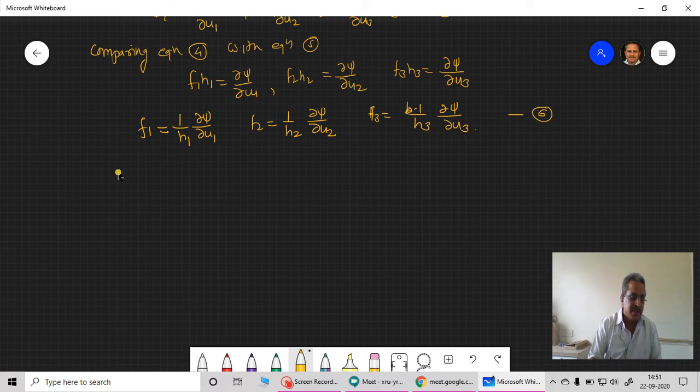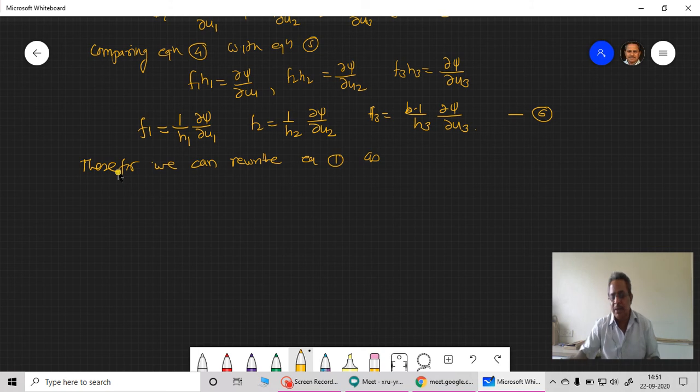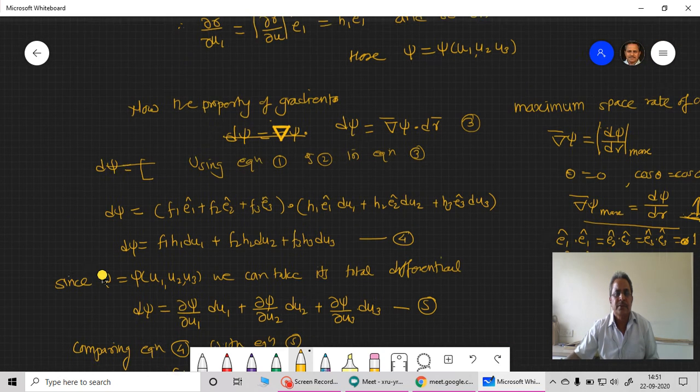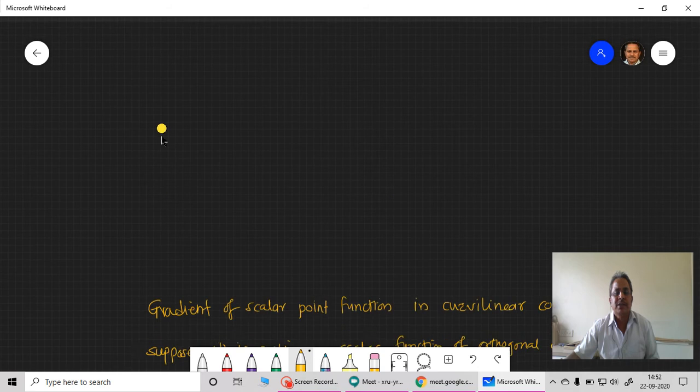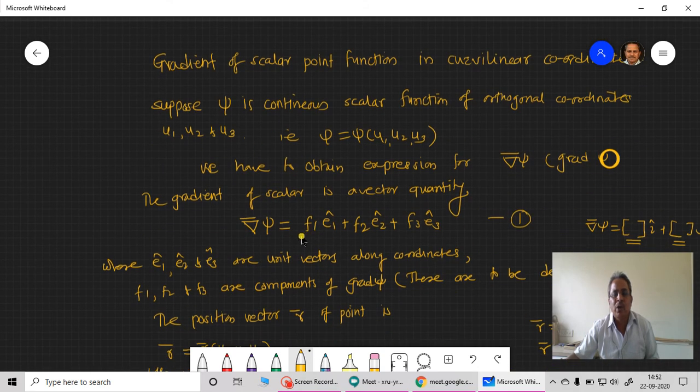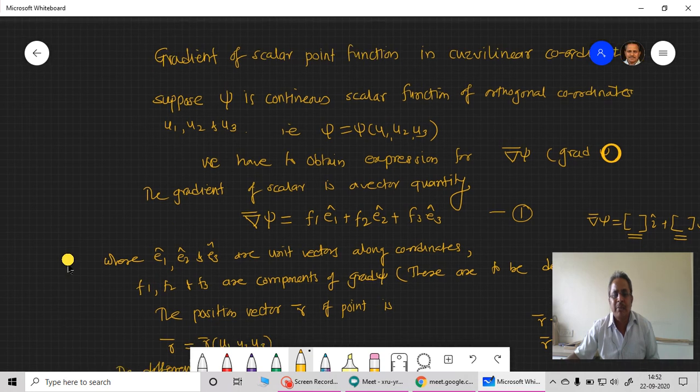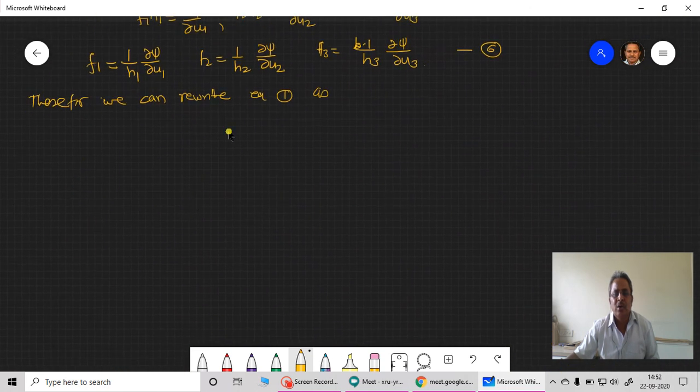And therefore, let's go for the derivation. We can rewrite equation 1. Just remember what equation 1 was. Once I got these components f1, f2 and f3, equation 1 can be written as nothing but the gradient of the scalar point function.